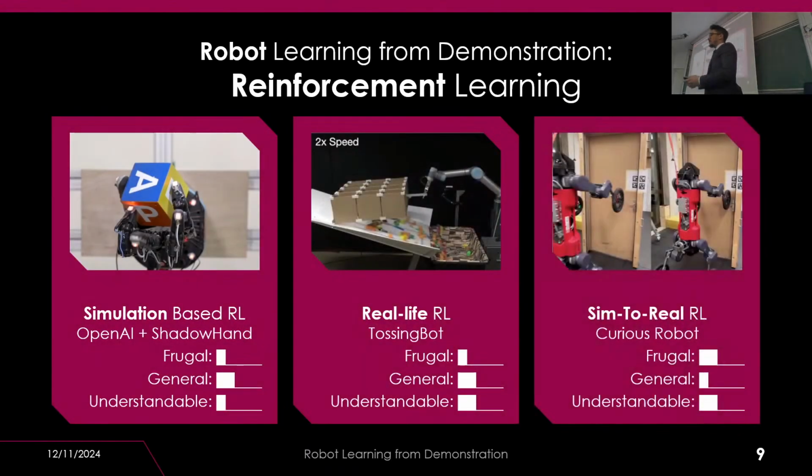So, let's go for reinforcement learning, where we may group methods into two groups: simulation-based or sim-to-real reinforcement learning, where we transfer knowledge that has been found from simulations, and real-life reinforcement learning, where we just leave the robots to learn on their own within a controlled environment.